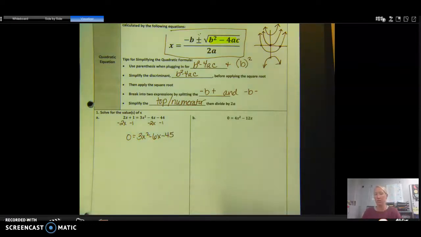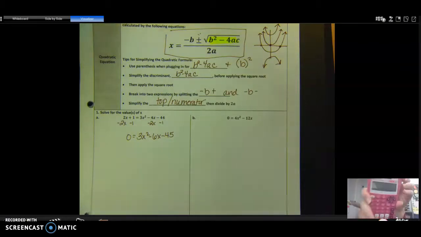I do not want you to be using your Chromebook calculator unless you downloaded the graphing calculator, and I do not want you to be using your cell phone calculator. What I would like for you to get are these calculators. The reason being, a lot of you coming from middle school have the yellow calculators with gray or blue on them, but those do radicals and reduce radicals for you, and they do a lot of things for you that I want you to know how to do without the calculator.